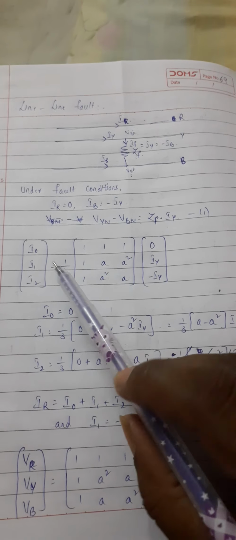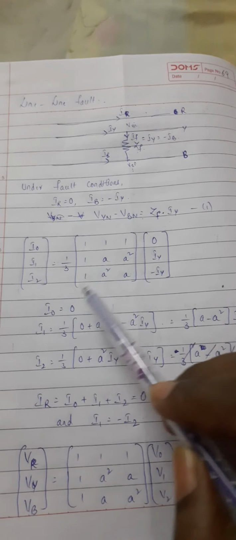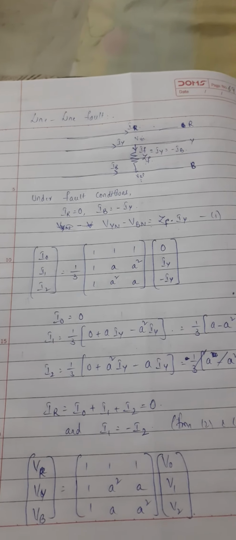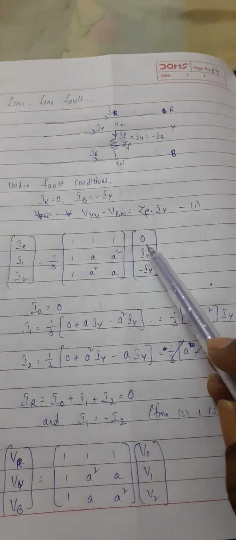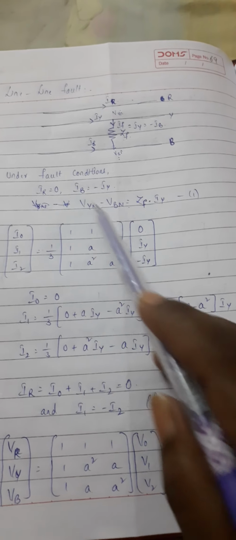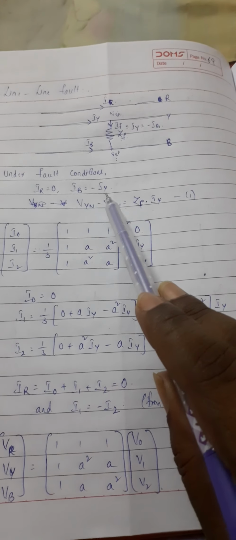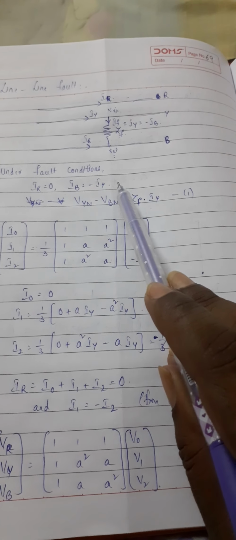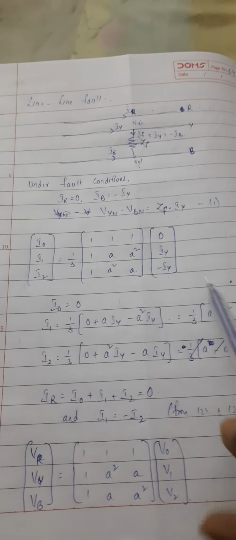And we know the relation, the sequence currents are given by 1 by 3 times this matrix into IR, IY, IB. But IR is 0, and IY is there, representing IB in terms of IY. So IB is equal to minus IY.